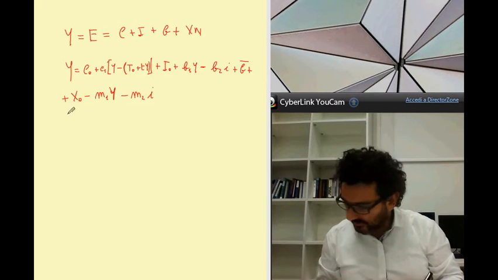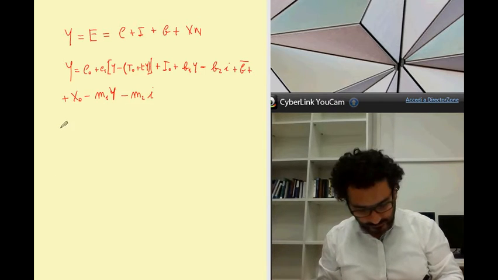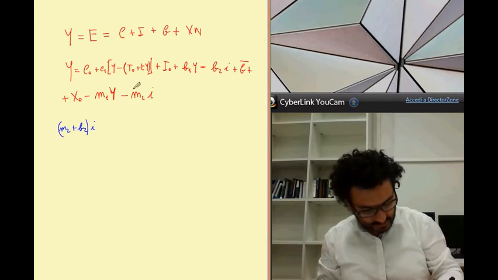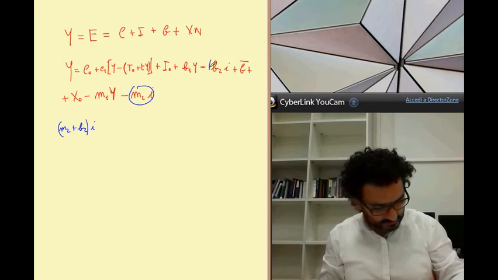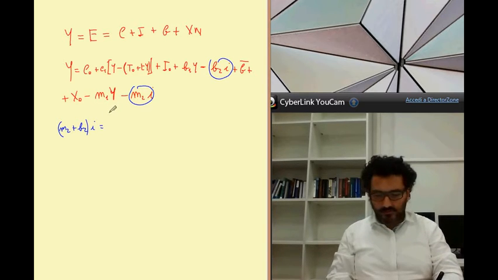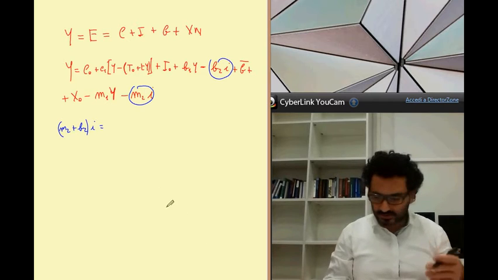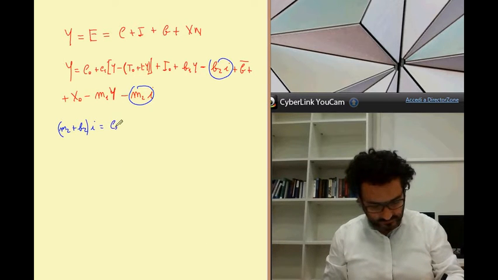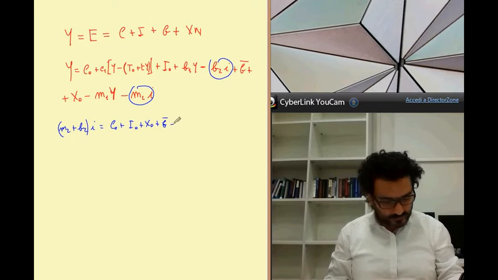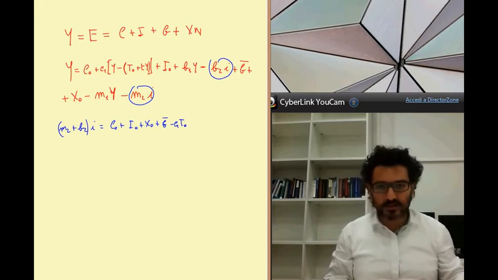So we have on the left hand side M2 plus B2, which multiplies the interest rate, equal to, we put first the exogenous variables. So we have C0 plus I0 plus X0 plus the government expenditure fixed at G bar, minus the propensity to consume, which multiplies the lump sum tax.